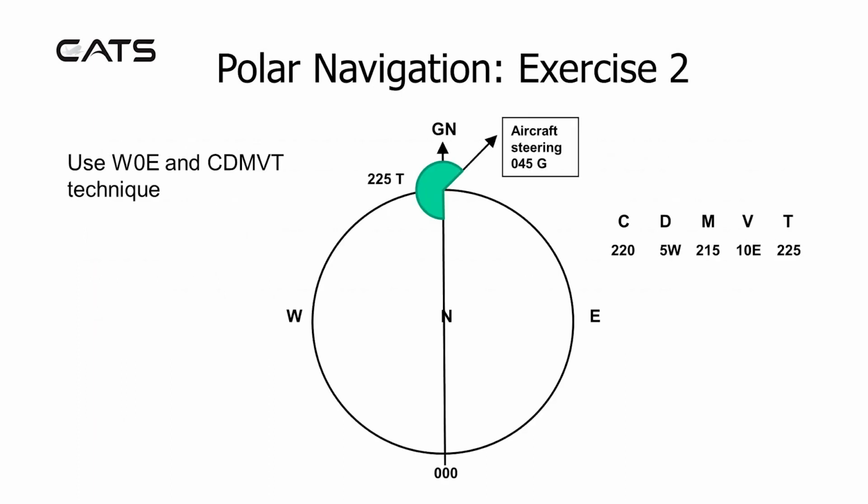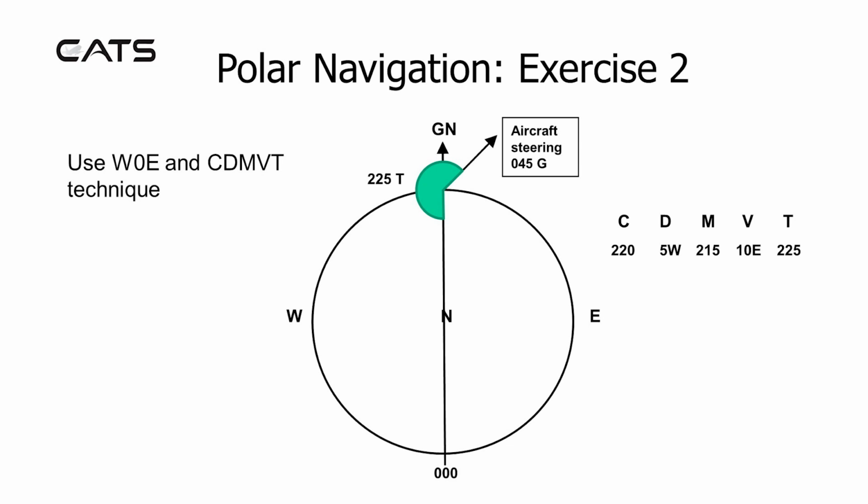Let's have a look at a diagram of this. Having drawn a circle with a 0 at the bottom, west on the left, east on the right, we can draw grid north going up the page through the Greenwich meridian. The aircraft is at 180 degrees east-west and is steering 045 grid.